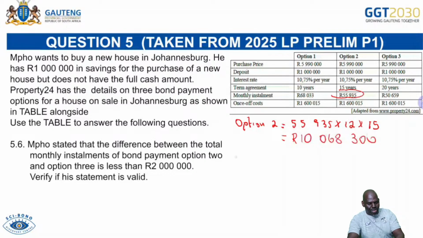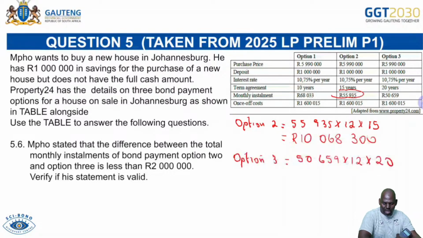And then option 3, we've got 50,659 multiplied by 12 multiplied by the number of years, which is 20. So the installment is 50,659 per month.